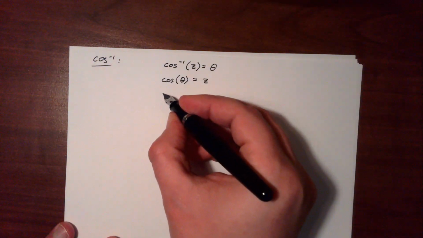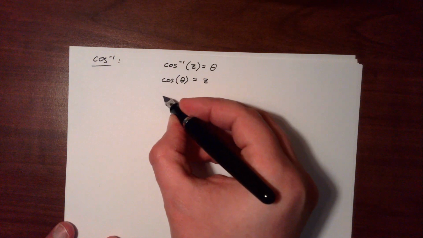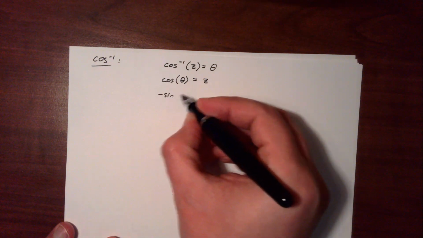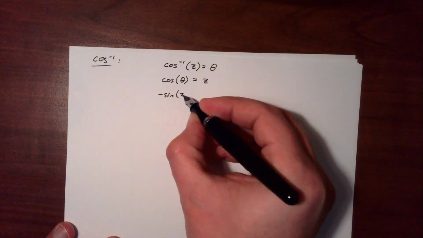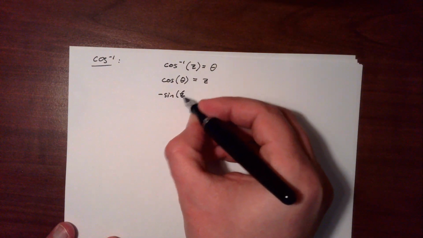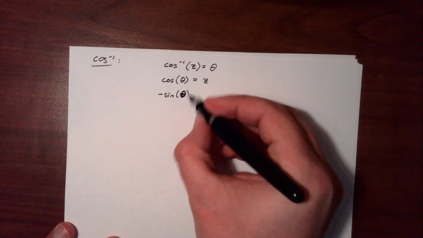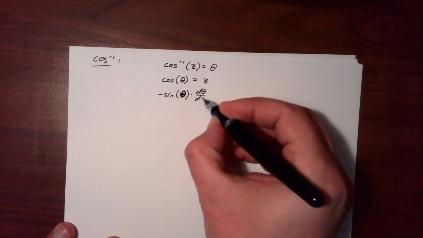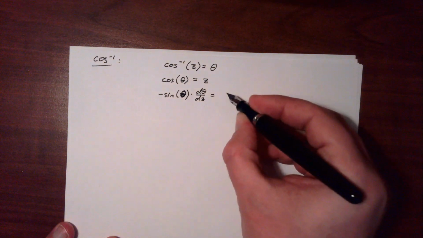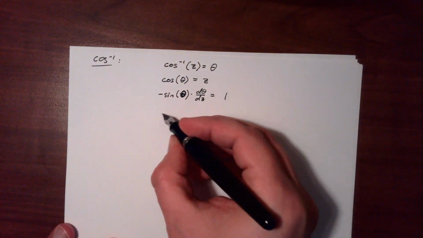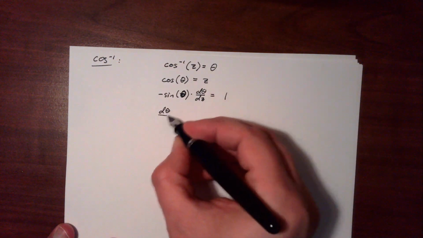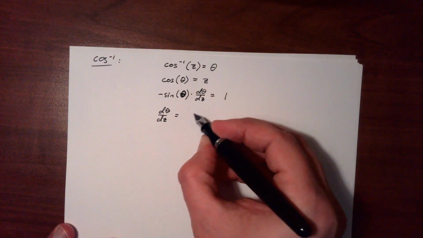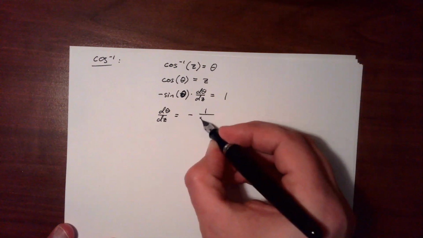And now I can take the derivative of both sides of this with respect to z, and so I'll have negative sine theta times d theta dz is equal to just 1 on this side. So then I'm going to have d theta dz is equal to negative 1 over sine theta.